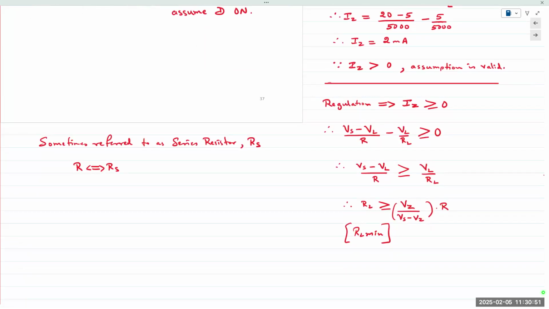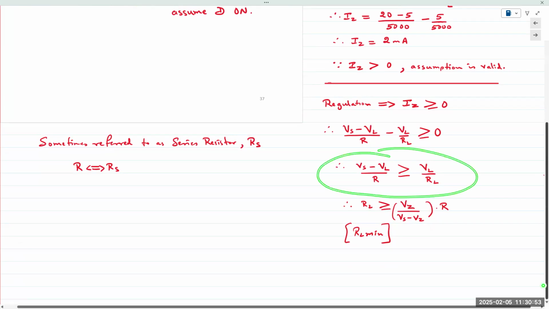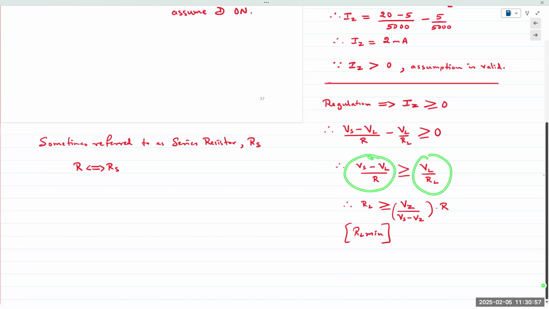Okay, I was here. So the total supply current must be greater than the load current. If the supply current is greater than load current, that means Zener diode is sinking the remaining portion of current through it, and then it turns on. And so for that, RL also has a minimum value.